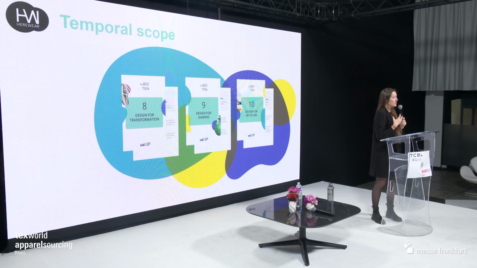Designing for sharing, trying to understand how leasing platforms and online peer-to-peer resale might become part of the design process. And finally, design for upcycling, how you can bring minimal intervention onto existing clothing to feed it back into a product loop.